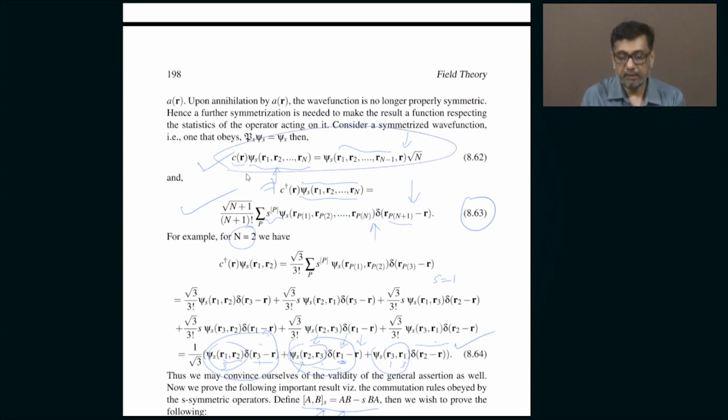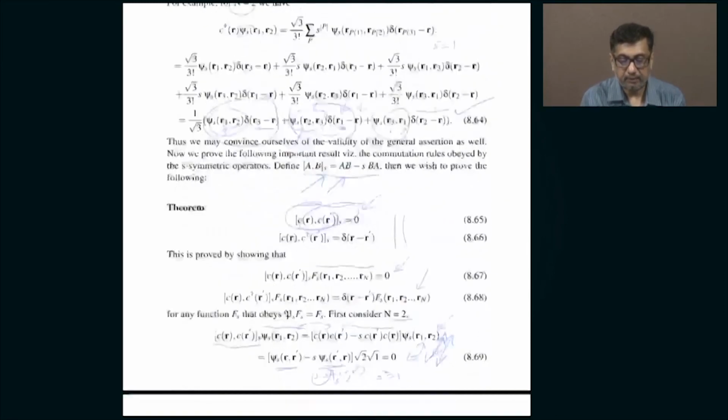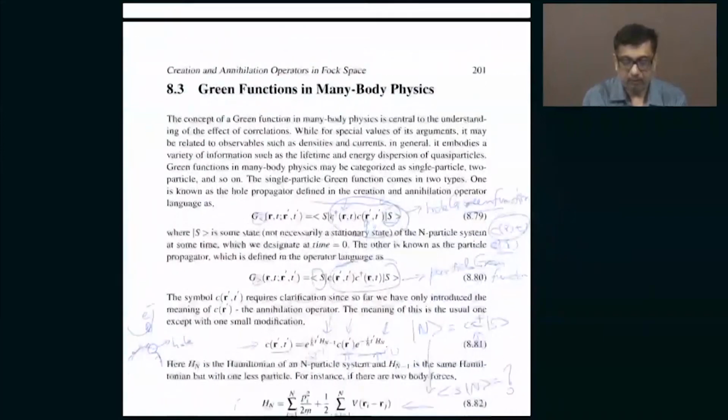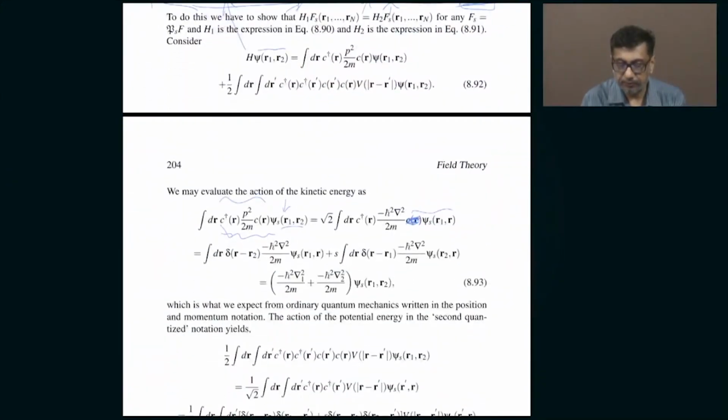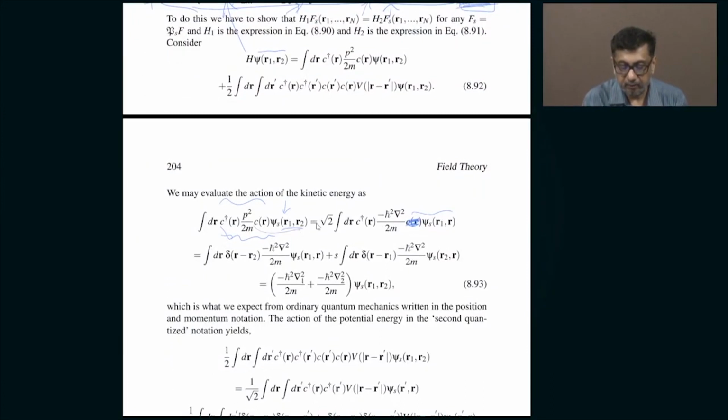C basically freezes the last variable and makes it R, and there is a square root of N next to it. So, this C acting on this will freeze R2 and make it R, and it picks up a square root of N, and what is capital N here? It is 2, the number of particles.